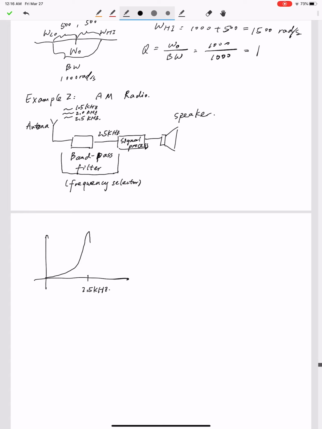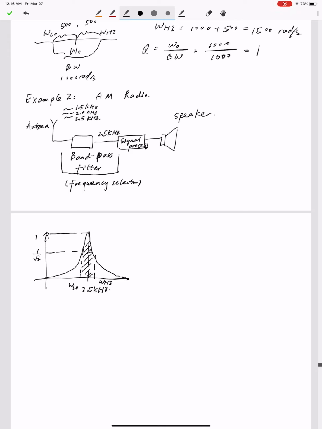At this frequency component, the magnitude is high, it is 1, and below the low cutoff frequency and above the high cutoff frequency, the magnitude is very small, which means those signals will be rejected. Only in this frequency range can the signal pass.